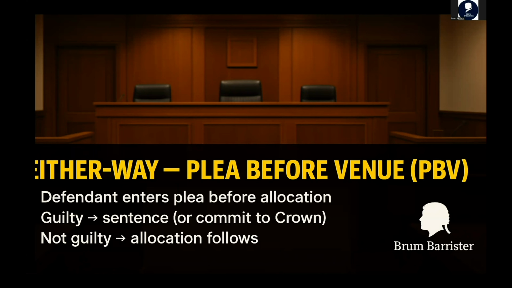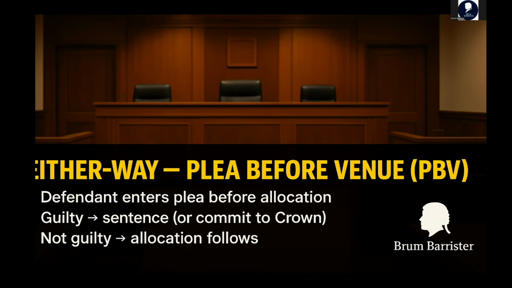So the plea before venue, or PBV, for either way offences. The court starts with plea before venue, and this is where the defendant is asked to enter a plea before allocation is decided. So if the defendant pleads guilty, the magistrates may sentence, or they can commit the case to the Crown Court for sentence if they feel that the sentence exceeds what they can safely give according to the rules.